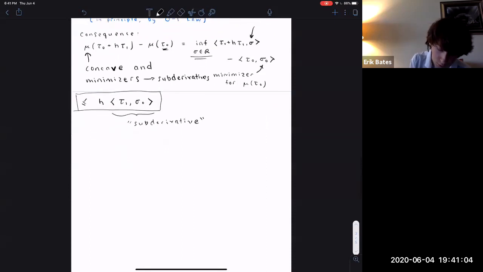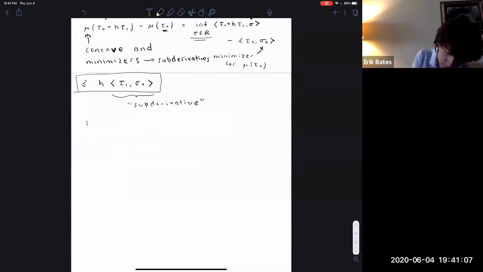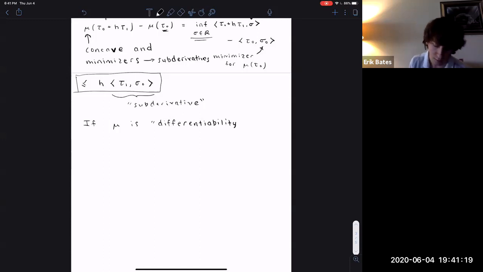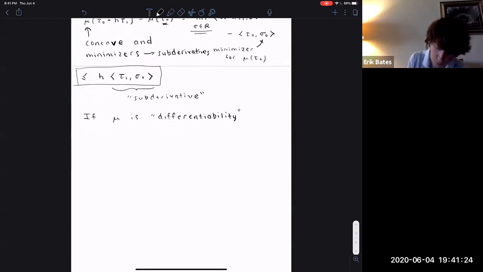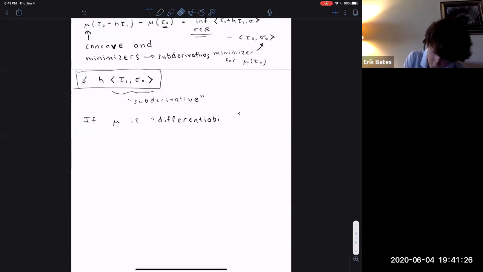So what we should conclude actually is that if you have a point of differentiability, so here I kind of haven't defined what that necessarily means, because the domain of this mu is not so clear how it has a structure that you can differentiate on. But if mu is differentiable at tau, then we should imagine then there exists a unique minimizer.